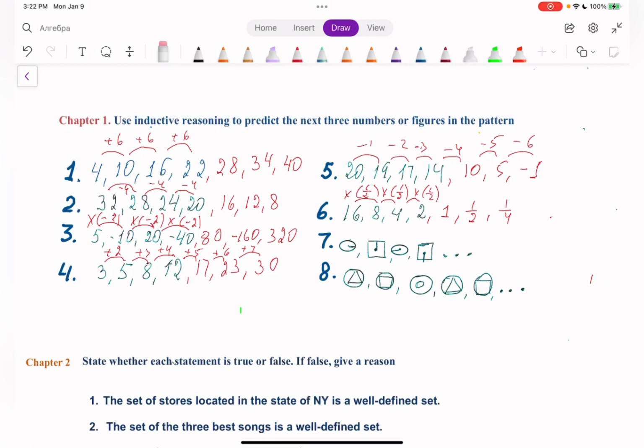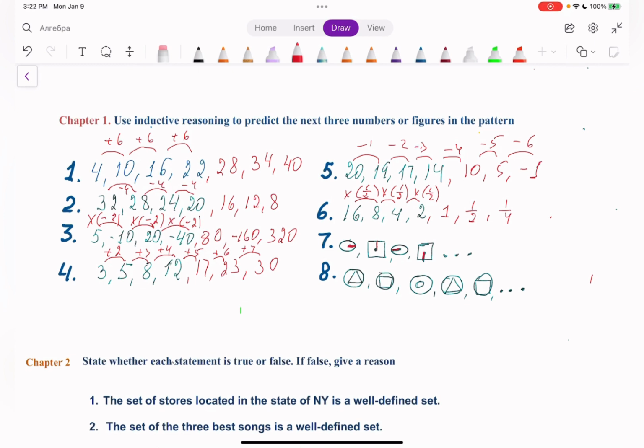Question number 7. So what do we have in question number 7 here? We have circle with a radius coming this way, looks like 3 o'clock, and then rectangle shows 12 o'clock, and then circle shows 9 o'clock, let's say, and rectangle shows 6 o'clock.